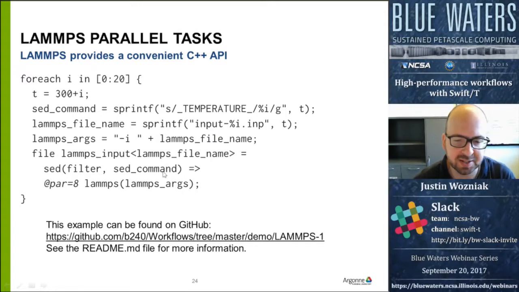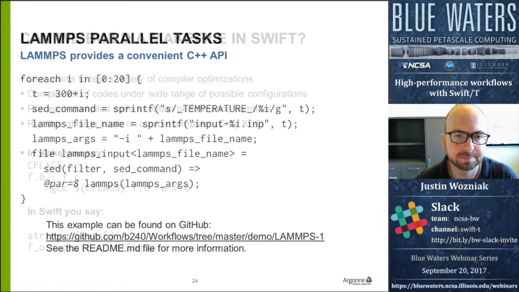Now the LAMMPS API is interesting. It's a C++ function call, but it takes something that looks like a command line, a list of arguments. So we essentially just have to generate that command line as a string and pass it into LAMMPS. And that demo is available on GitHub if you're interested in looking at it in detail.